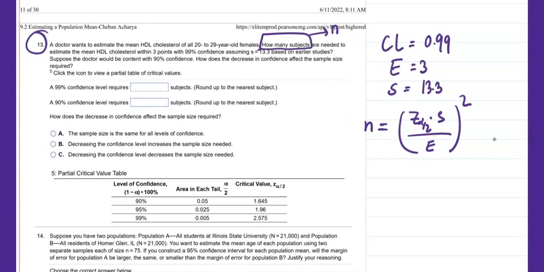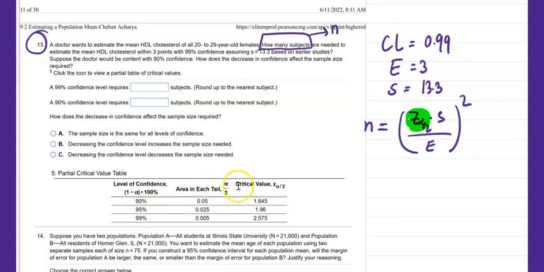In this formula, this value here, z alpha over 2, is the critical value. So again, there is a partial critical value table given here with the given levels of confidence. If there is no given value, you have to find it. We did it in 9.1.